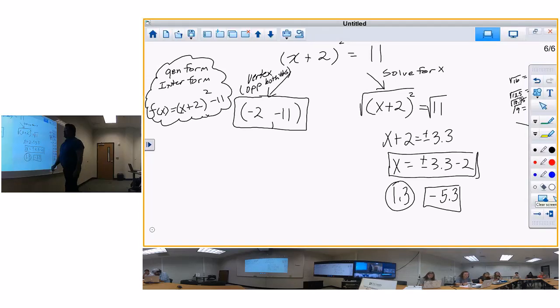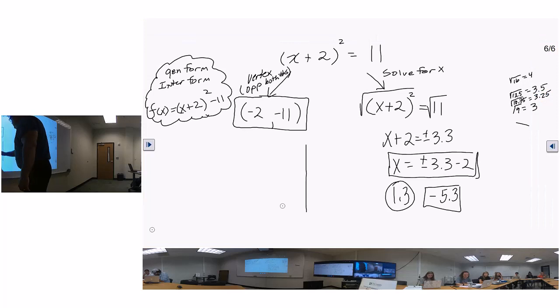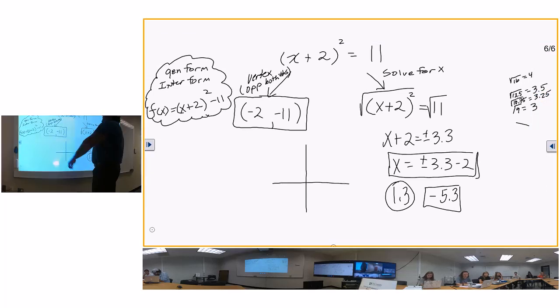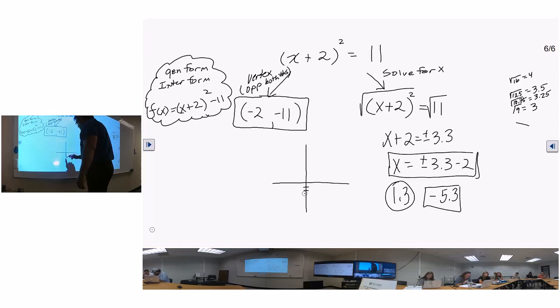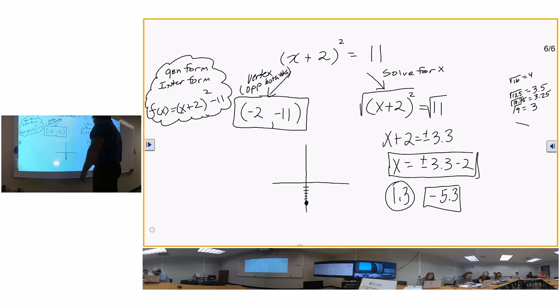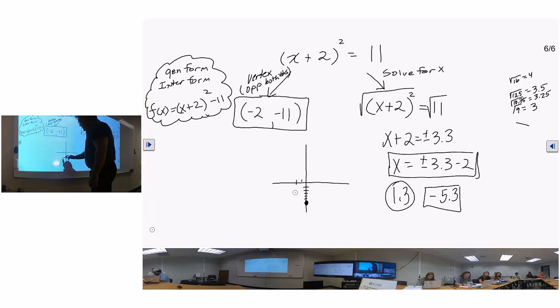All right, so here we go. Somebody tell me what the y-intercept was. Negative 7. We know the vertex is negative 2, negative 11.